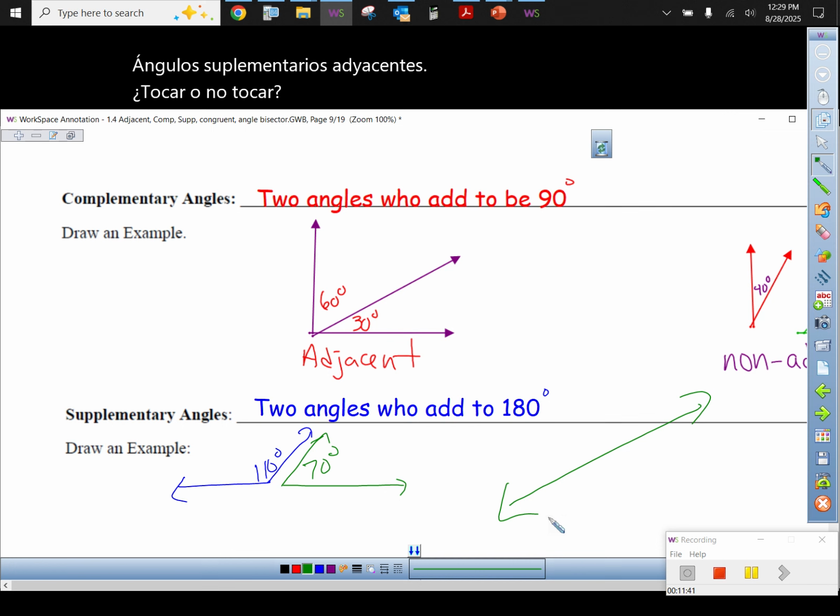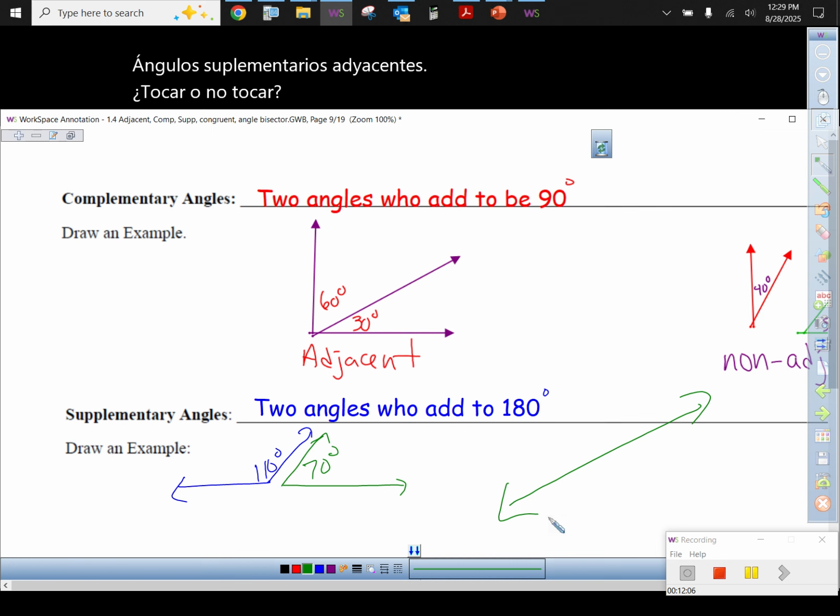Does a line measure 180 degrees? Well, lines go on forever and ever. They totally do. But measure-wise, remember acute was between 0 and 90. Right was 90. Then larger than that is up to, what is this right here? How many degrees is that? Not quite 0. 0 would be this, right?